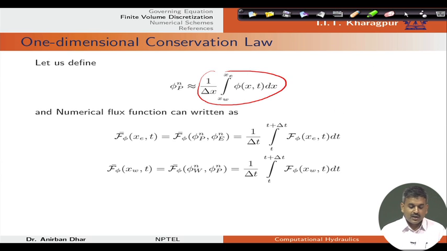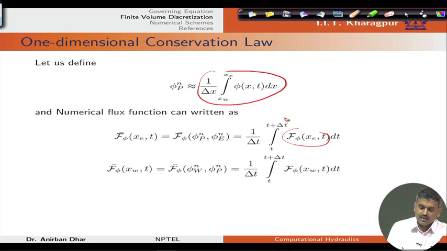And the numerical flux function can be written because we have discretized in terms of space, but still the temporal integration is there from t to t plus delta t level.